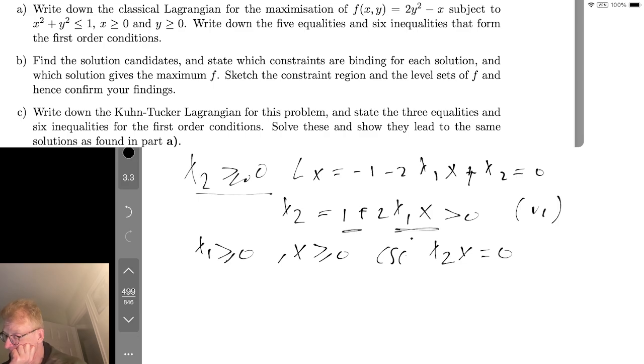Given the 1 there, lambda 2 is bigger than 0. But when lambda 2 is bigger than 0, the constraint is binding and x is 0. And you can now reason from there.